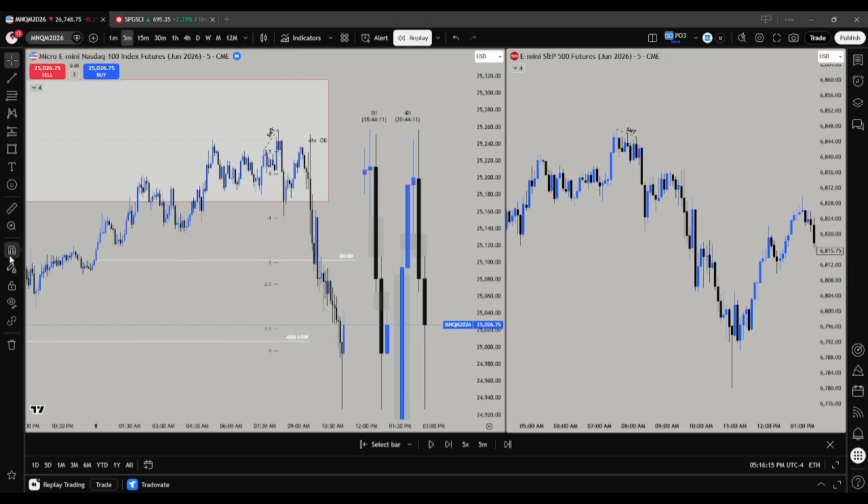Currently, a core concept that I want to point out here is institutions often move price to measured projections before redistributing. What I'm showing here is how we moved into negative 2, negative 2.5. This is a reaction zone.